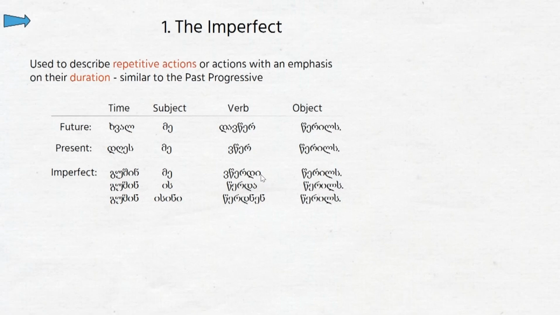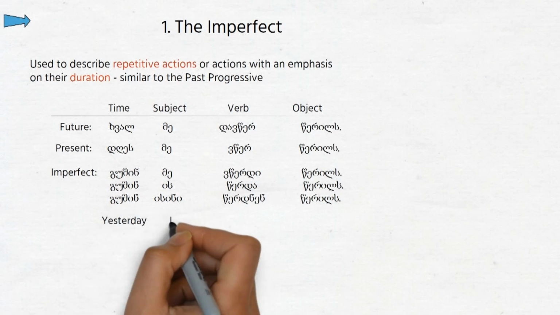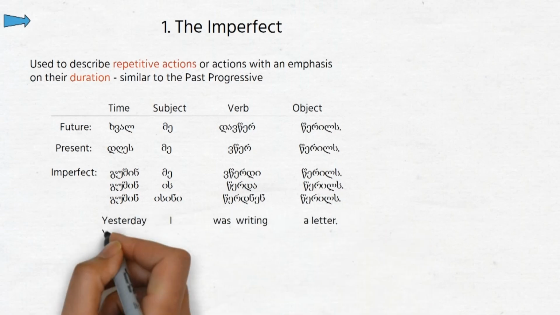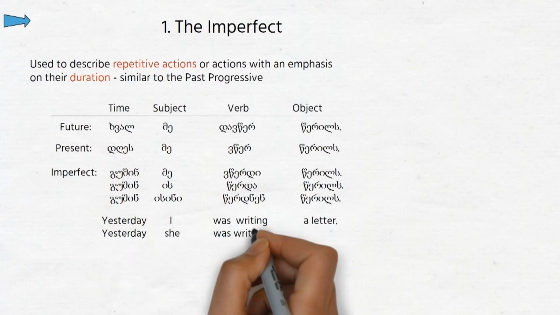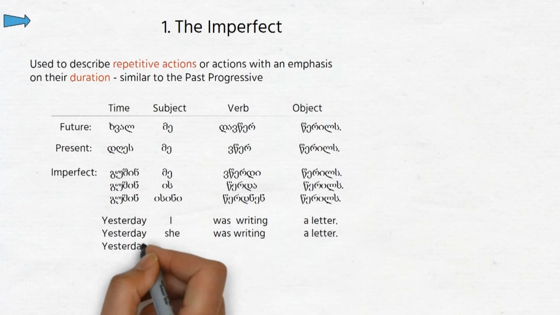So, all the other modifiers for the subject markers are the same as in the present, like shen tserdi, chven tserdit, etc. So it's not too different from the present, so you don't have to learn a lot in order to be able to express the past by using the imperfect in Georgian.